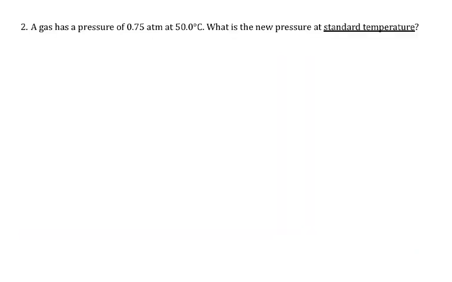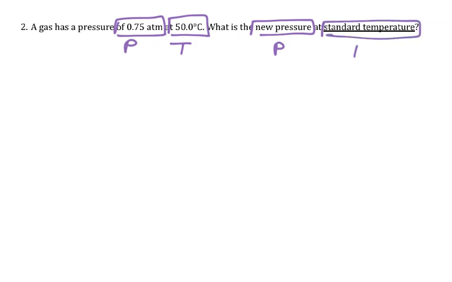All right, one last problem. Feel free to pause and then check with what I got if you are confident to do this on your own. A gas has a pressure of 0.75 atm at 50 degrees Celsius. That's temperature. What is the new pressure at standard temperature?